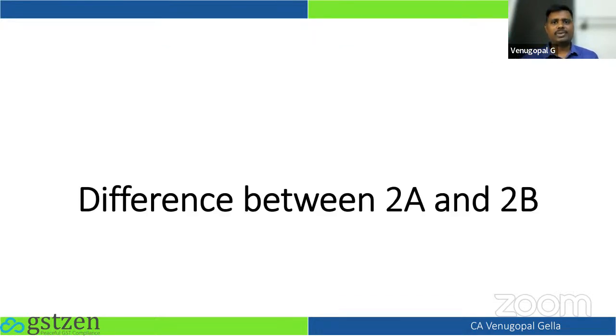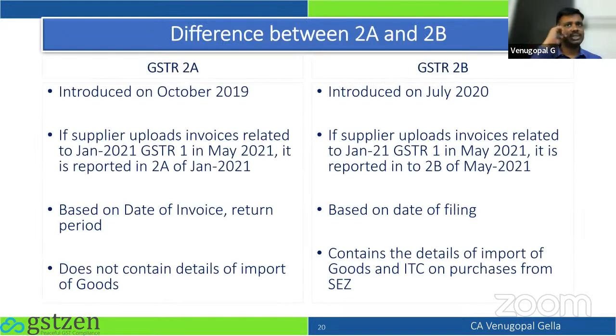So what's the difference between 2A and 2B? This is one question people generally ask. See, 2A is a mirror replica of GSTR-1. If GSTR-1 for April is filed in the month of December, 2A will still be of April.